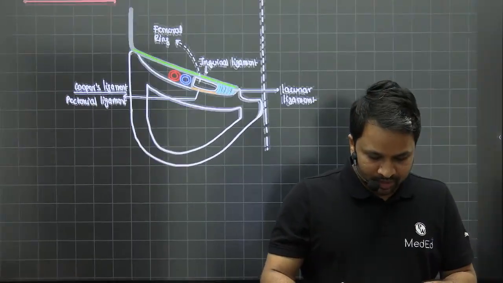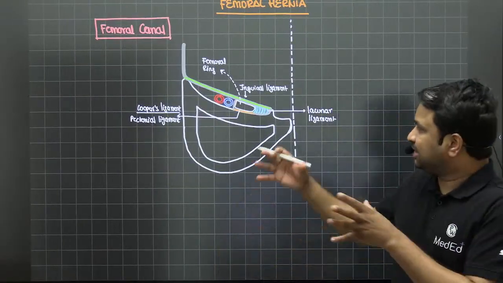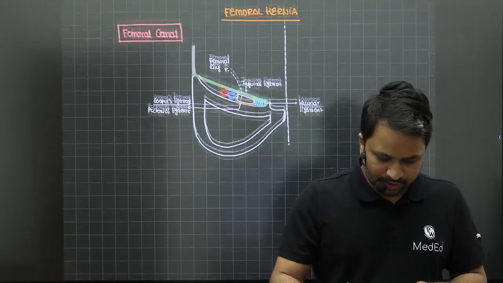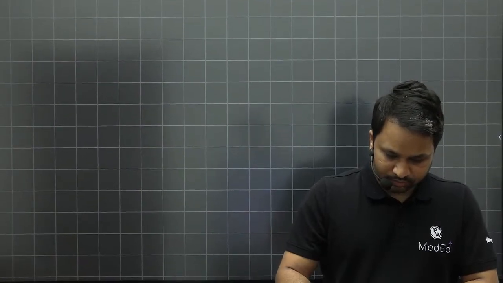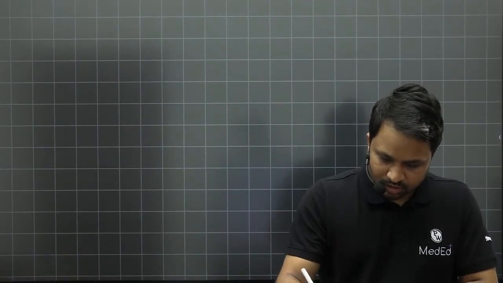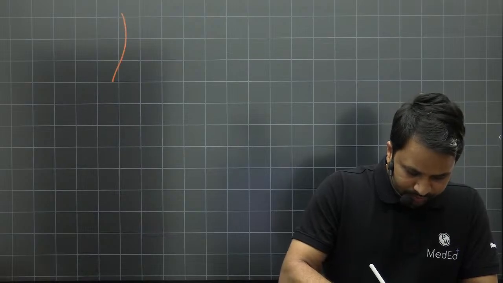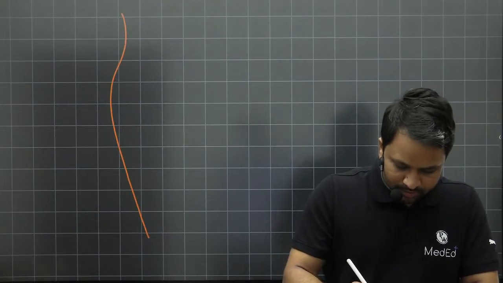Okay. Now we will replicate the same thing with respect to the human body. Right, so I'm just going to move a little bit down, and let's say we have a patient. Now let's say this is the human body that you have, and this is the lower limb that you have, right?